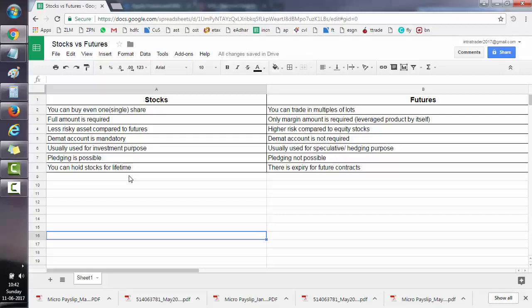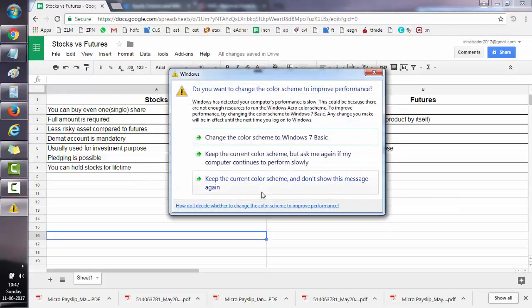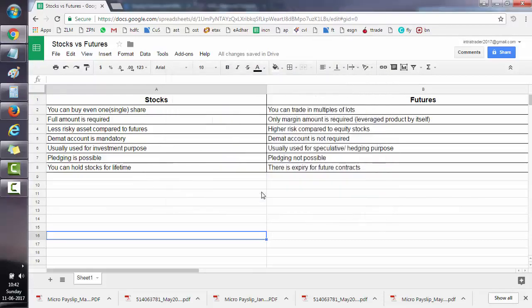And the sixth point I'm going to explain is pledging. You can pledge the equity stocks and get a margin amount for trading in futures and options contracts.